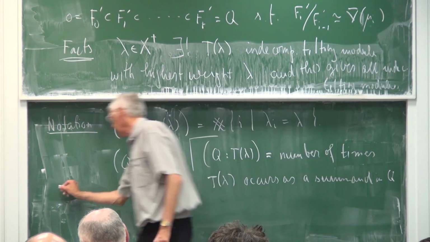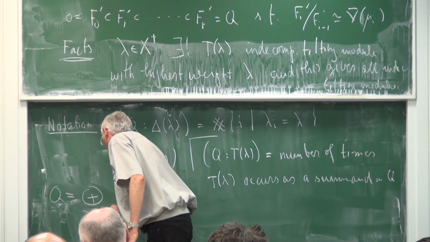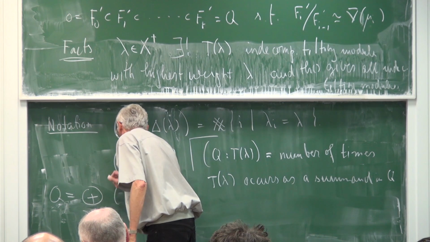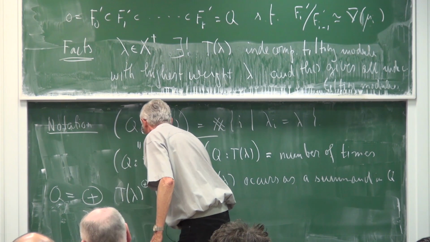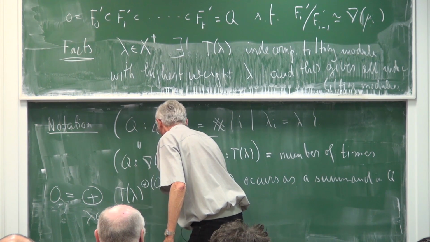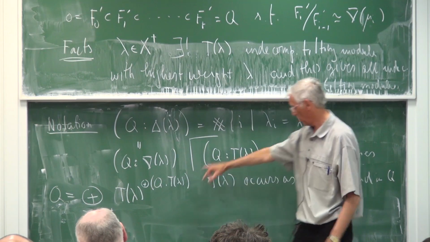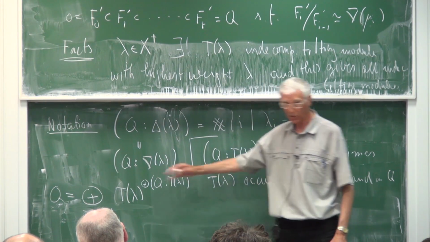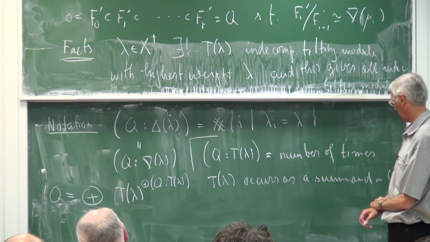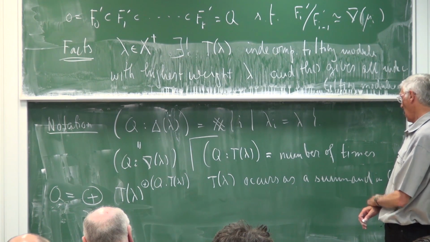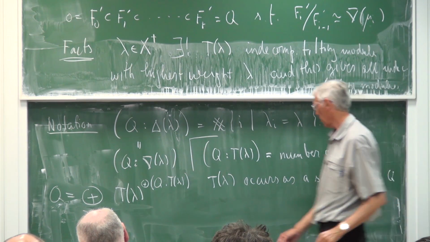So now I can write Q is the big direct sum over lambda in X plus of T lambda that many times. Of course, almost all of these are 0. We are talking about finite dimensional modules, so it is a finite direct sum. So this is one piece of notation that I will need in the following.